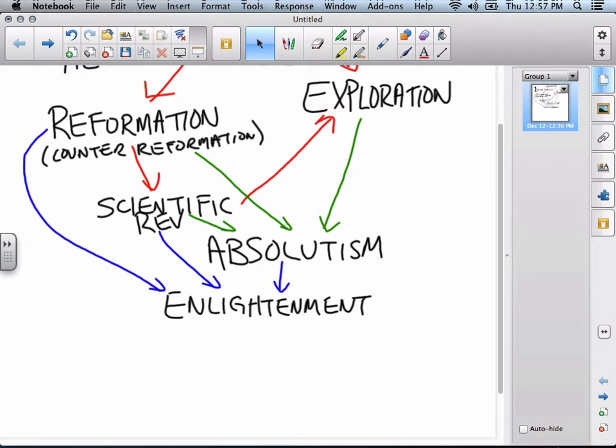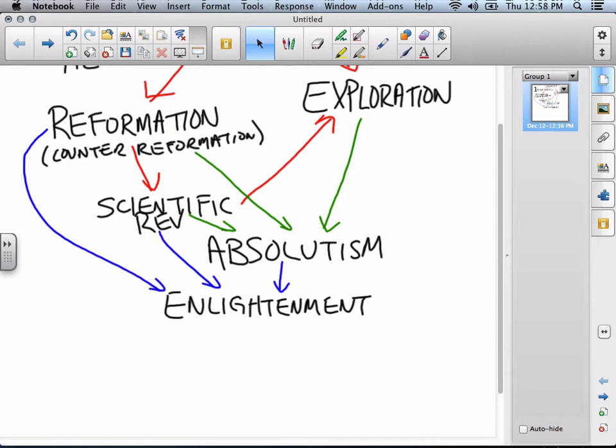Should we be allowed to overthrow a government which does not serve us? Should we voluntarily give up some of our rights to government in exchange for its protection? That's called the social contract. Okay? More questioning.